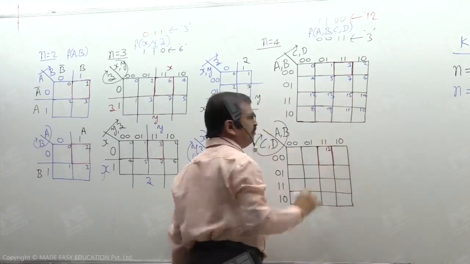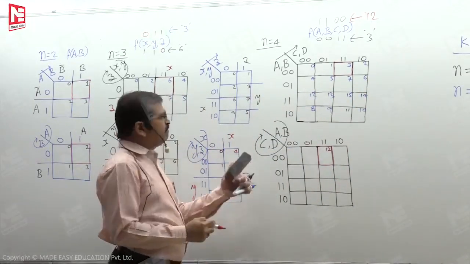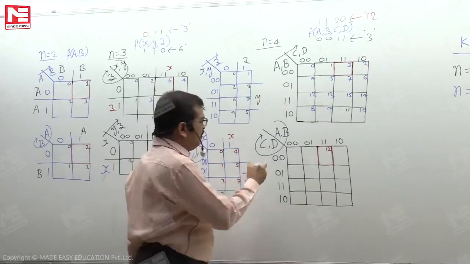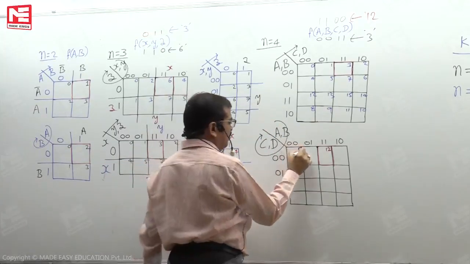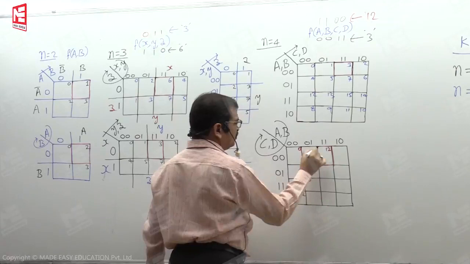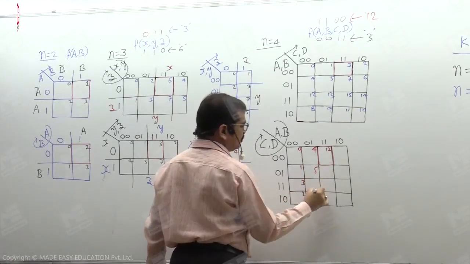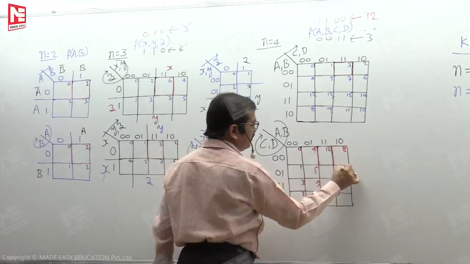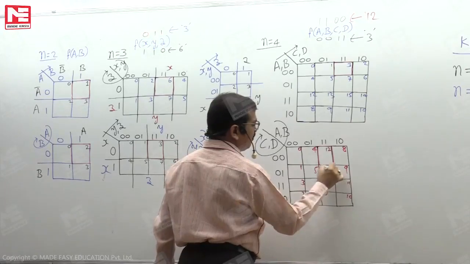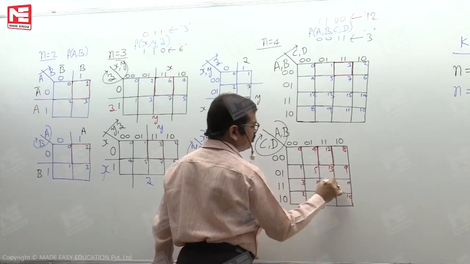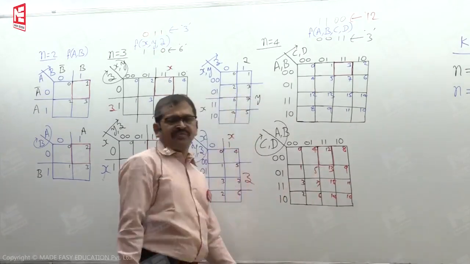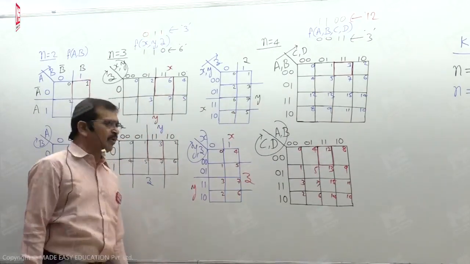This is 15. Similarly, in this format, AB are column headings, so column wise 0, 1, 2, 3, 4, 5, 6, 7, 8, 9, 10, 11 and so on. This is 15.